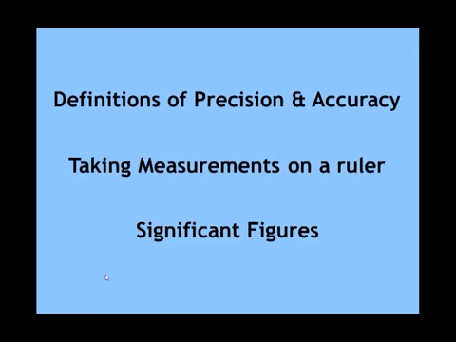Okay, so now it's time to summarize what you learned in this video. First, I talked about the definitions of precision and accuracy. We said that precision applies when a set of measurements are very close together, very similar to each other. We said that accuracy is when a measurement is correct or very close to an accepted value.